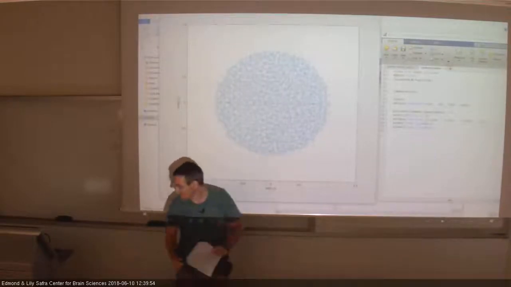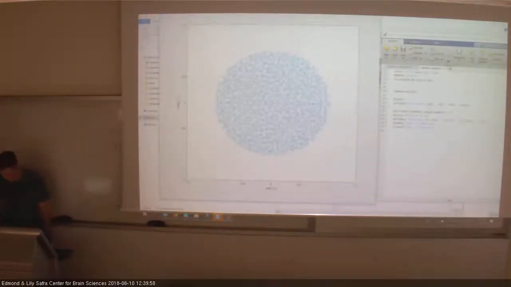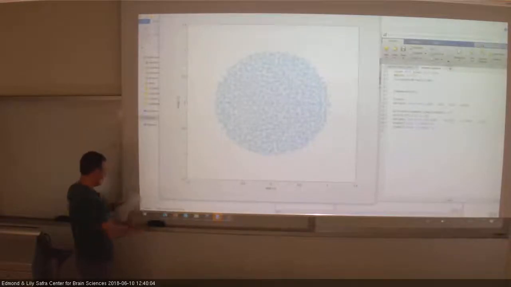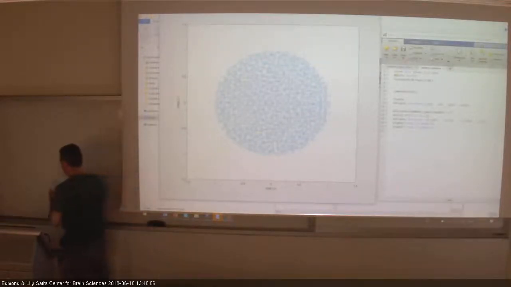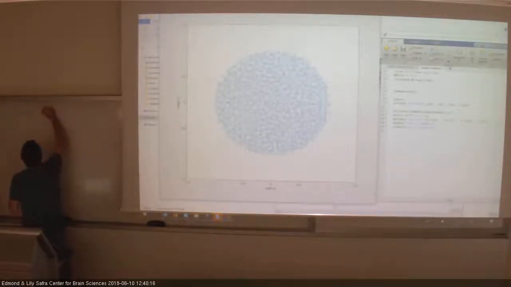So why don't I go beyond 2000? Because then it takes too much time. Just a matter of time and memory. And we have a law that is called Girko's circular law.